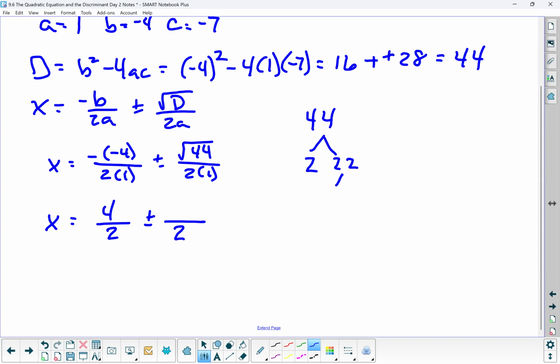Does 2 divide evenly into 22? Yes, 11 times. 11 is prime, so we're done with this simplification. We have a pair of 2's, so we're going to have a 2 out front. And we have a single 11, so the 11 goes underneath the radical symbol.